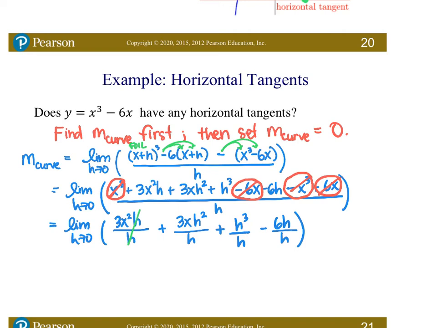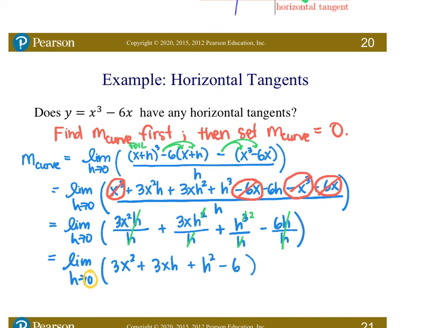So these two h's reduce, the last two h's reduce, and then I will have one h left there, and I'll have h squared left when I reduce the cube. So I'm left with 3x squared plus 3xh plus h squared minus 6.